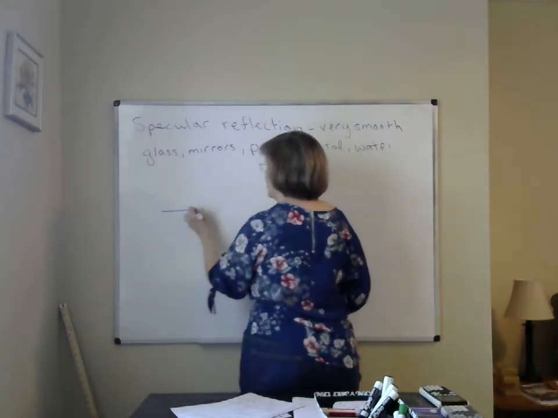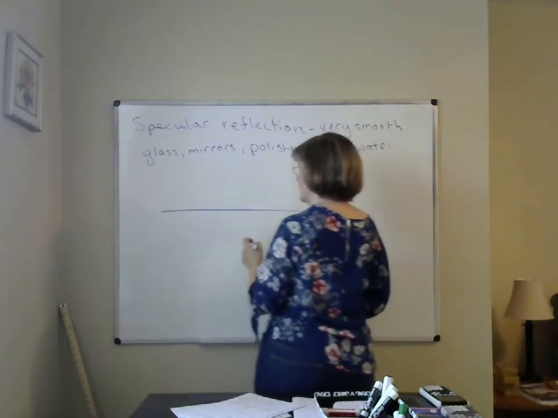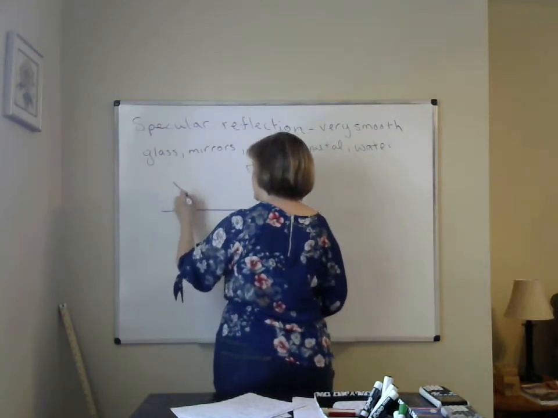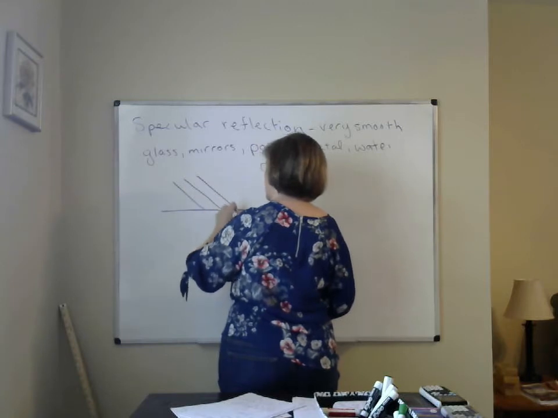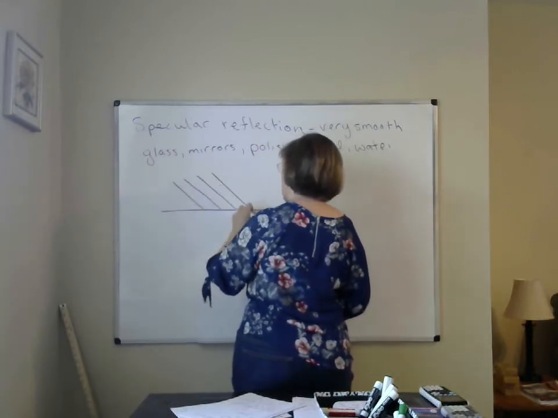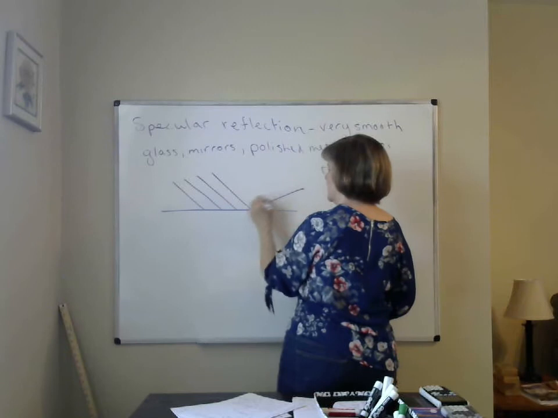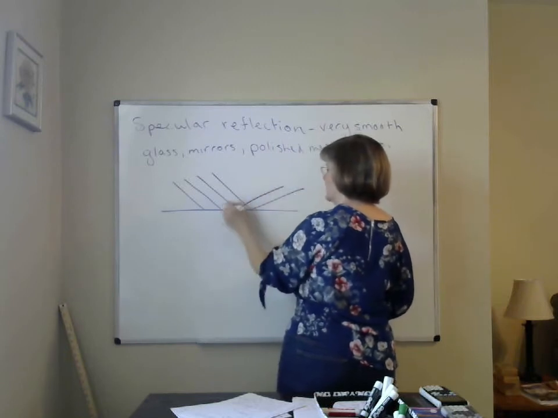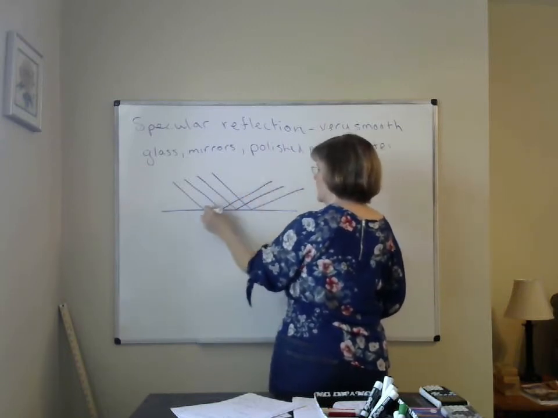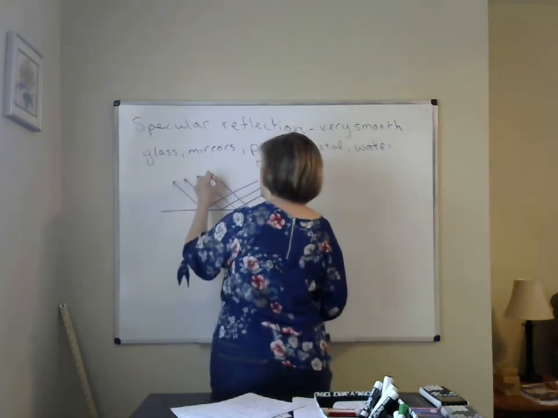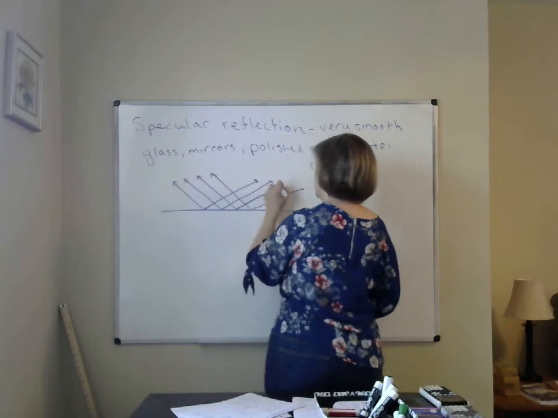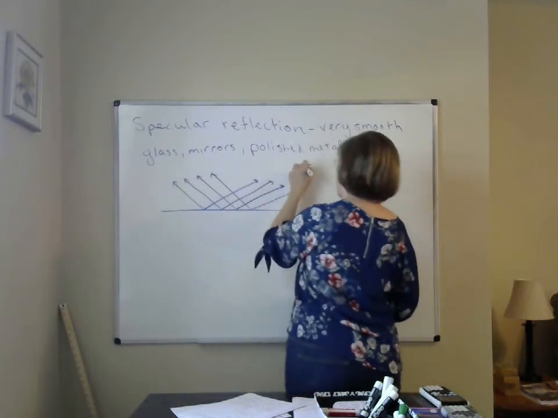So now if we have a beam of parallel light rays come in, they will all reflect following the law of reflection. I'm not drawing this perfectly, but in a very predictable manner. And we do get image formation.